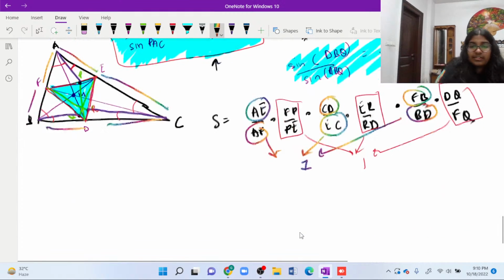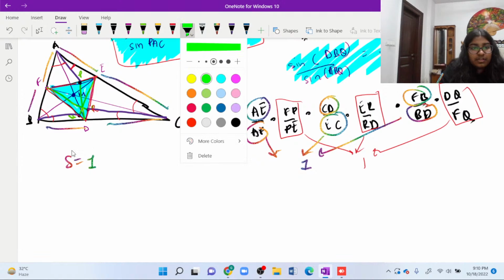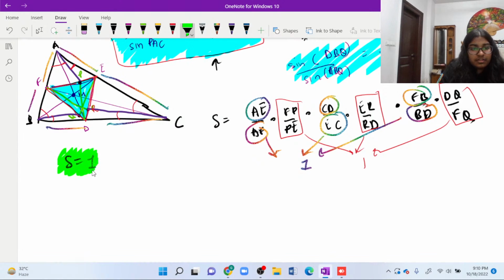So we just get that the value of S equals 1. So that just proves that AP, BQ and CR are concurrent.